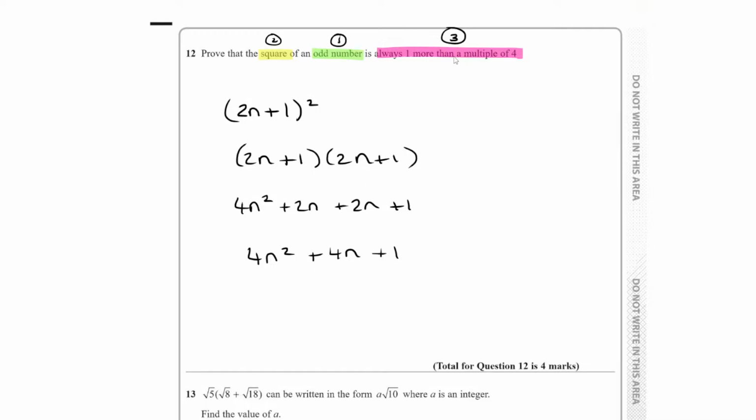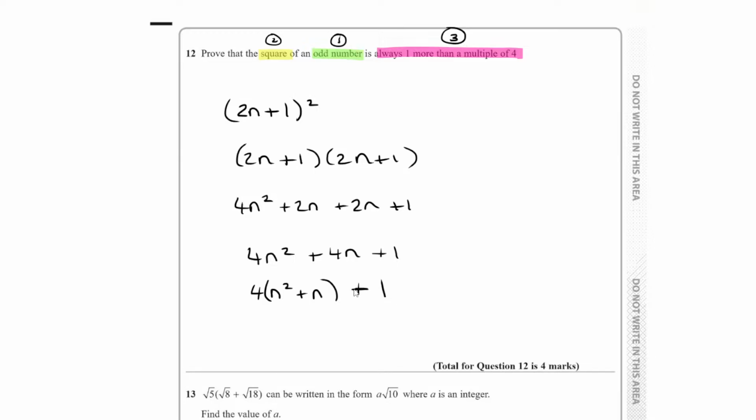Now, in this case, they want it always 1 more than multiple of 4. So you can just factorize part of it. You can factorize the whole thing. In this case, I would only factorize partially. So proving a multiple, you want to factorize out that number. So in this case, multiple of 4, I'm going to factorize out the 4. So that leaves me with n squared and then plus n. But the last thing, I'm not going to factorize out 4 from 1, right? That wouldn't work.